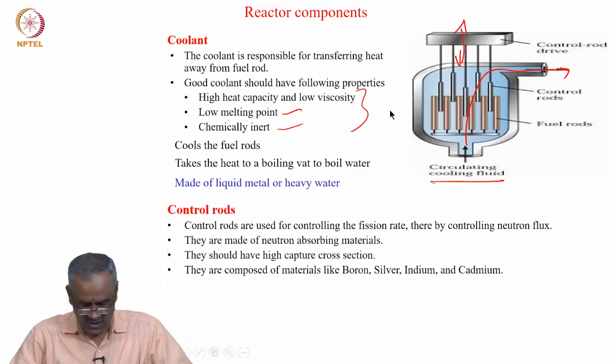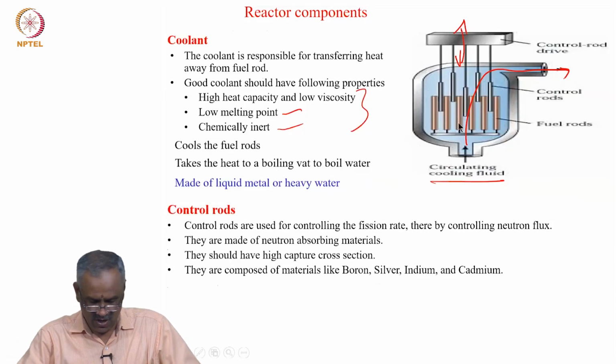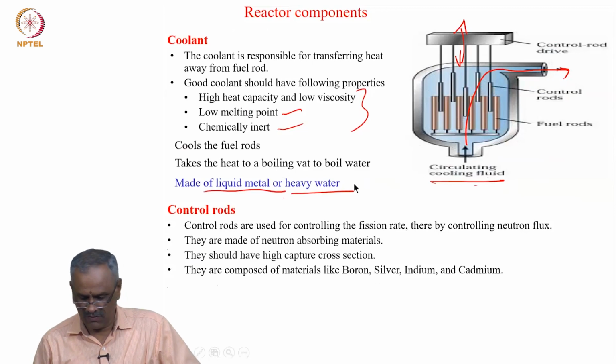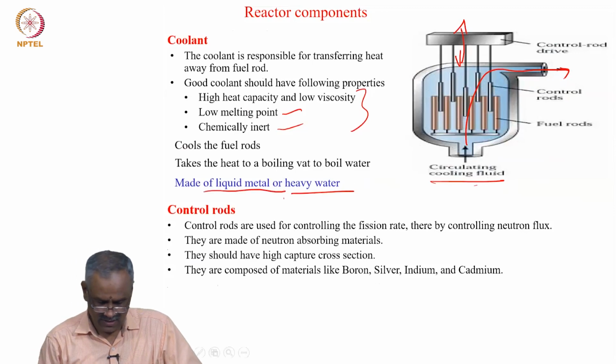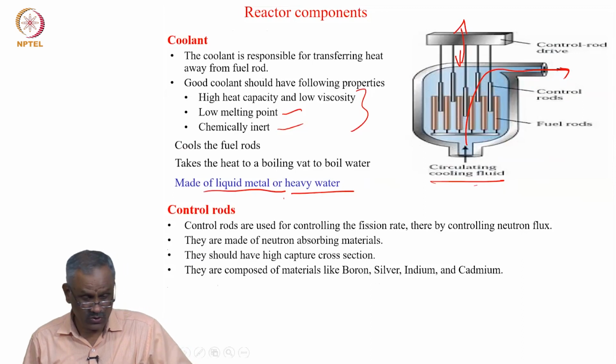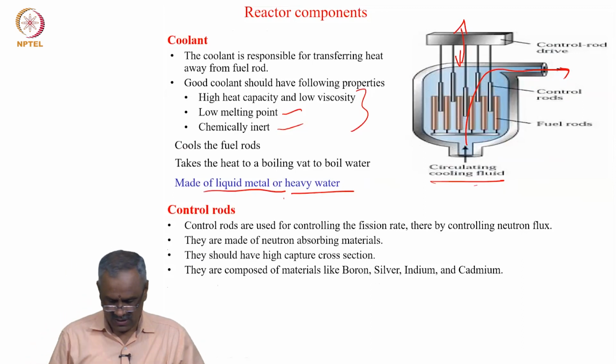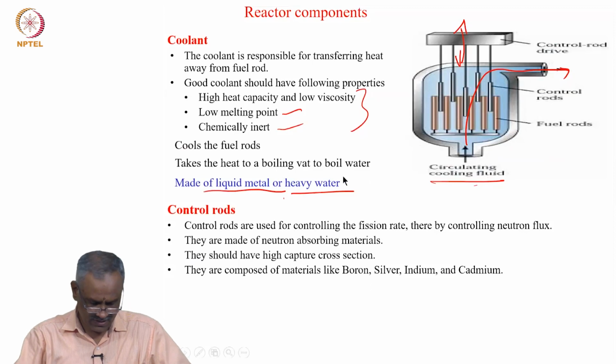It also cools the fuel rods and takes away heat into boiling water. The coolant is generally made of liquid metals or heavy water. Liquid metals like sodium can be used, or heavy water is used here.